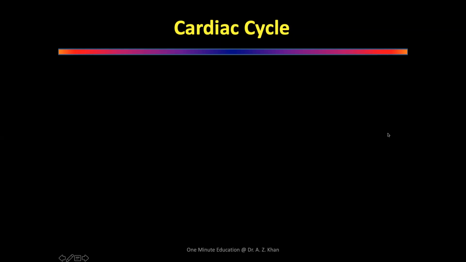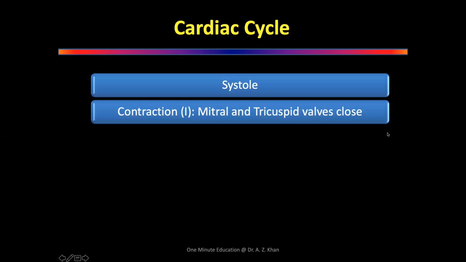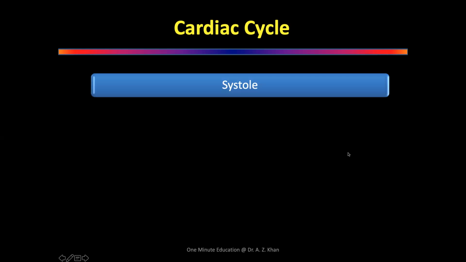Systole, diastole. So tell me what happens in contraction in terms of valves. Before we talk about phases, just tell me what happens in systole. Which valves are involved? The aortic valve is open and the mitral valve is closed.